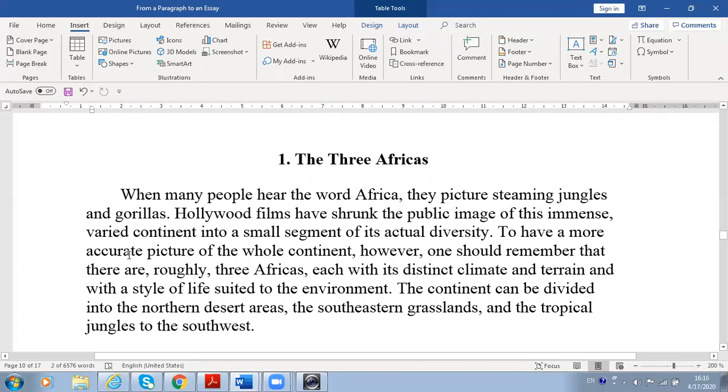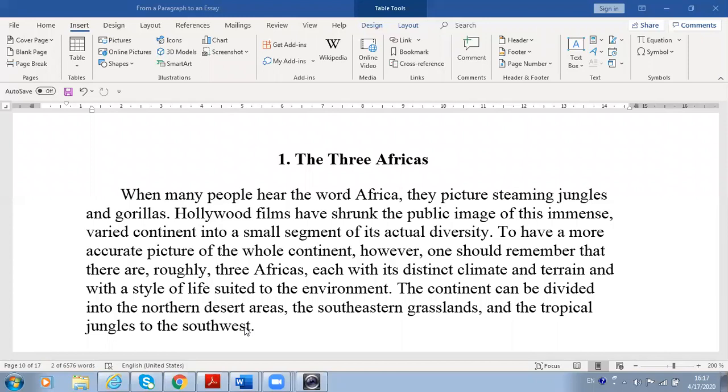To have a more accurate picture of the whole continent, however, one should remember that there are roughly 3 Africas, each with its distinct climate and terrain, and with a style of life suited to the environment. The continent can be divided into the northern desert areas, the southeastern grasslands, and the tropical jungles to the southwest.